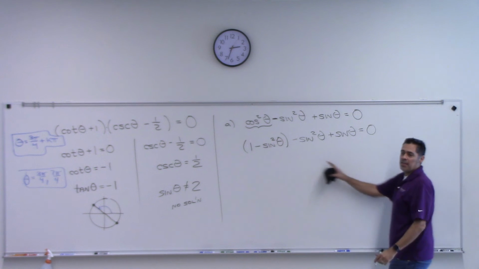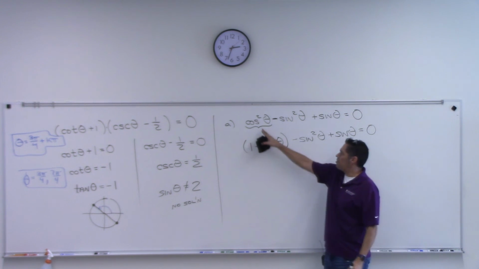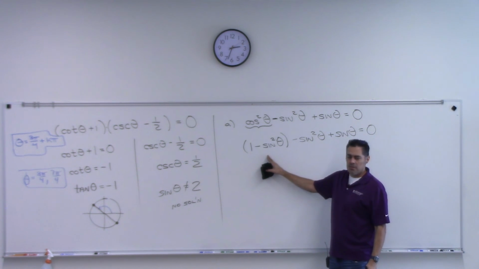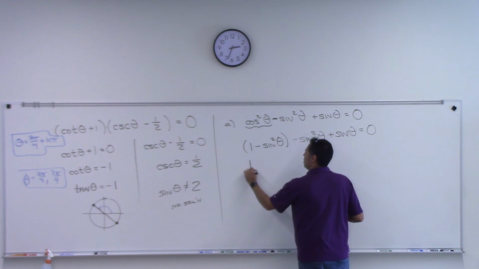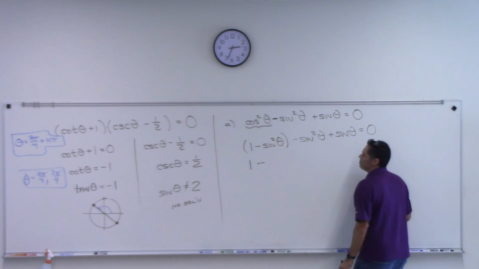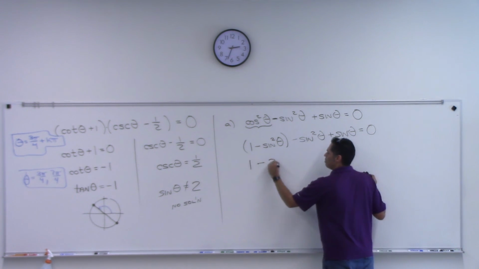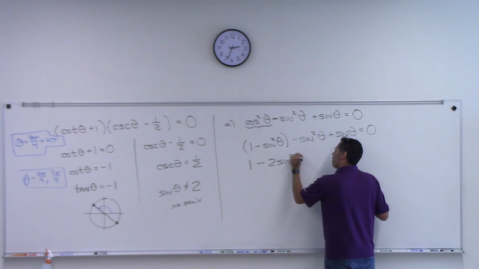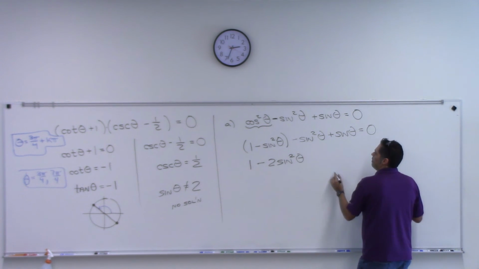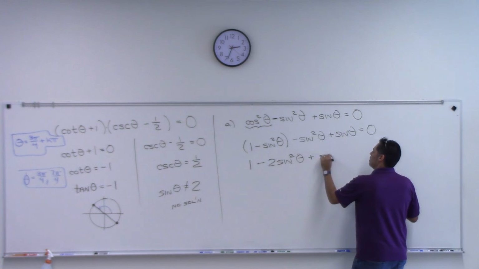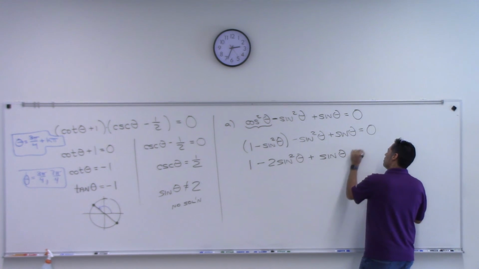I didn't really need the parentheses here. I just did that to stress that that became this. So this now becomes 1 minus how many sine squareds? 2 of them, right? 2 sine squared theta, and then plus sine theta equals 0.